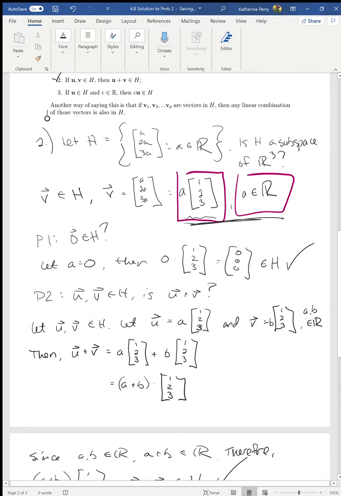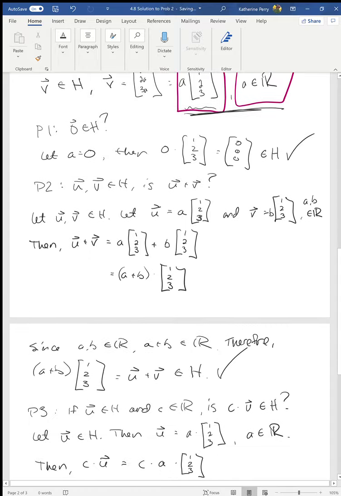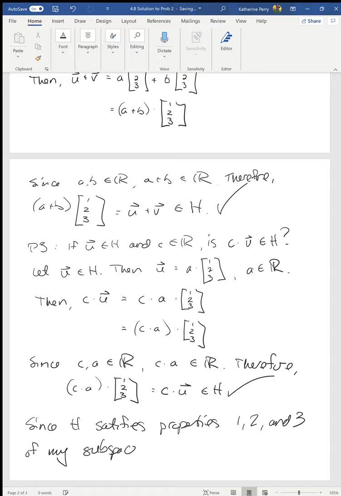So we go back here, and I've satisfied all 3 properties. So then I can say, since H satisfies properties 1, 2, and 3 of my subspace definition, H is a subspace of R3.